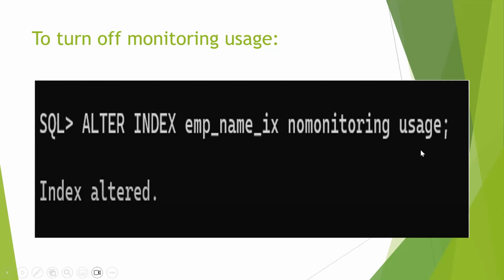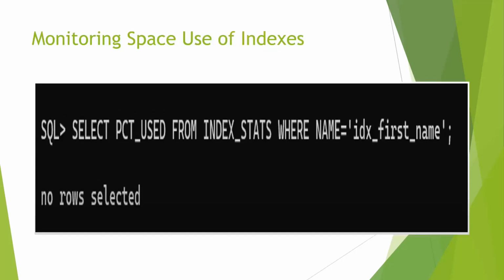Then NO MONITORING USAGE: this clause indicates that you want to disable monitoring usage for this specific index. Monitoring usage, as we discussed, allows you to gather statistics about the usage of the index, so if you don't need it, it is good to turn it off, because unnecessarily it uses your resources.